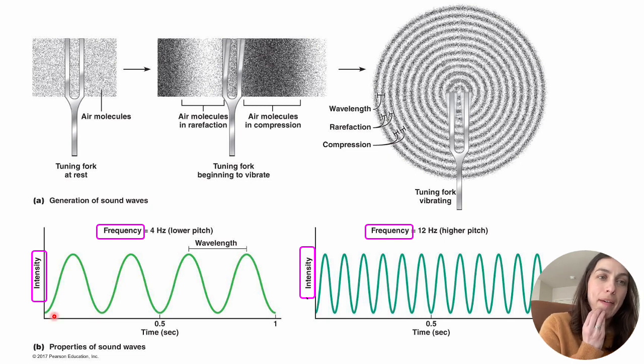And there are two things that we can measure with this, and that will be intensity, which is how high these waves are, and frequency, which is how many of the waves are happening within some period of time, so maybe per second. So if it is a lower frequency, which we measure in hertz, it is a lower pitch sound.